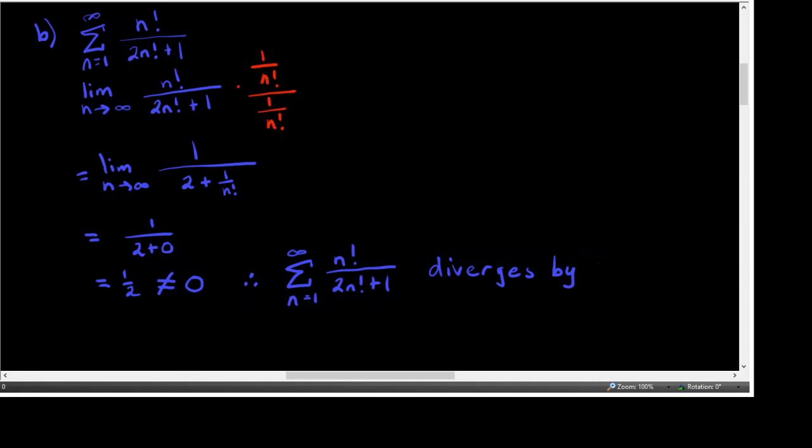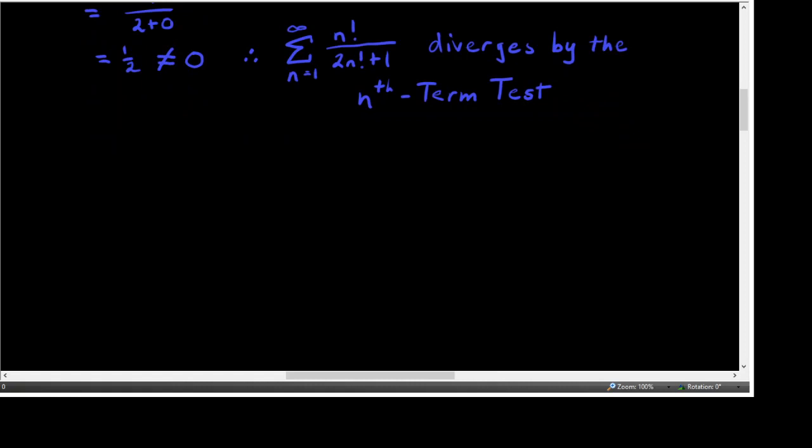So this is by the, oops, got ahead of myself, by the nth term test. You can write for divergence if you want to. That's the full name of this test, but I'll let you get by with just writing the nth term test. That'll be sufficient. Okay, one last example.